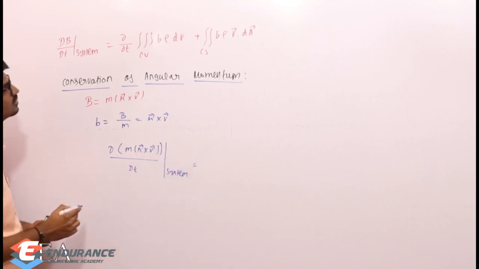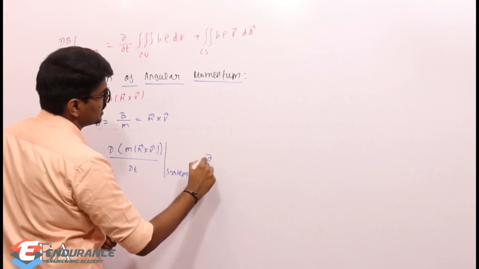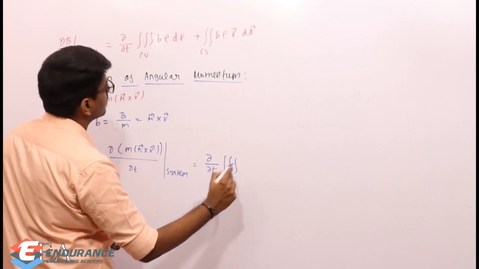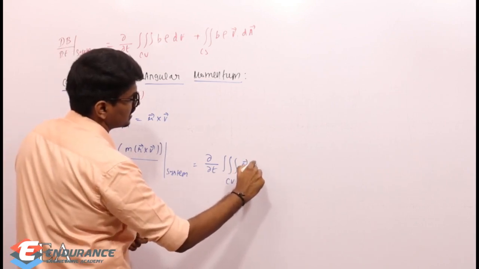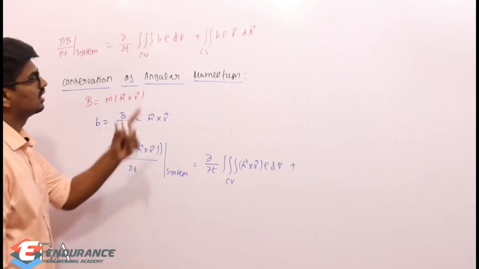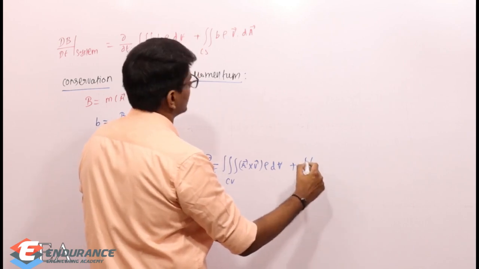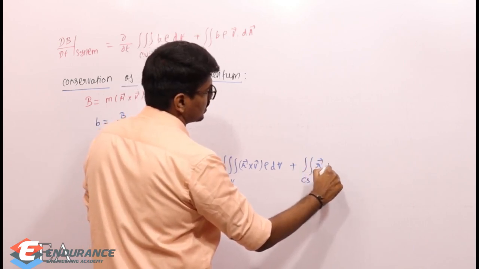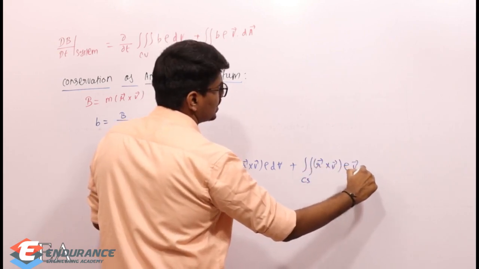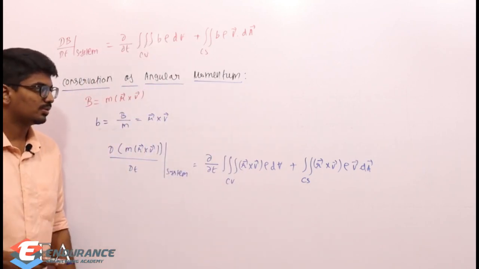That's going to be equal to, in place of small b, I'm substituting r vector cross v vector, so it becomes the control volume integral of r vector cross v vector into rho into dV, plus, this is for the control surface, again in place of b I can substitute r vector cross v vector into rho into v vector dot dA vector. So this is my angular momentum equation.